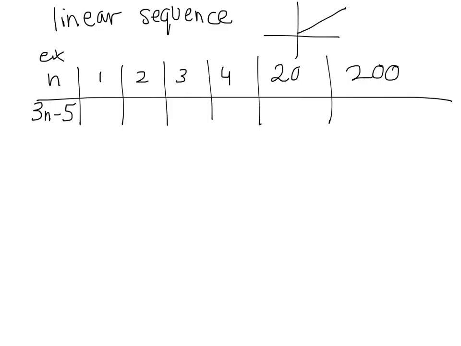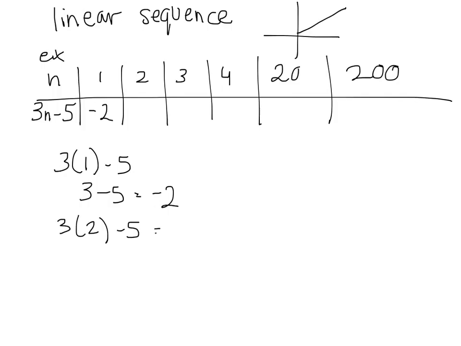So here we can see that that would be 3 times 1 minus 5. 3 minus 5, that equals -2. And we can go through, and this is going to be 3 times 2 minus 5 equals 1. And then that's going to be 4. This is going to be 7, and you can see the pattern.